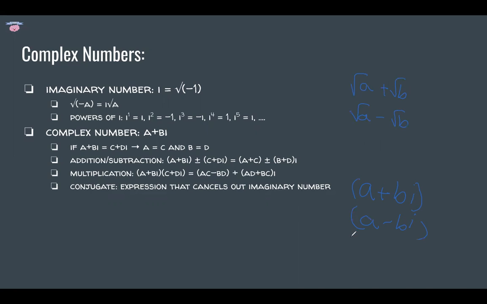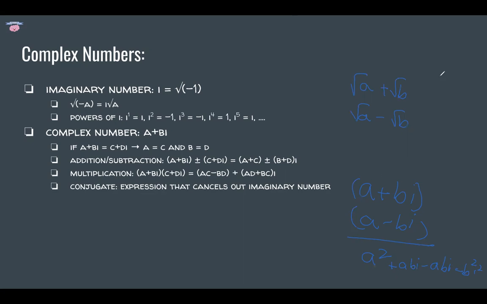When you multiply these out together, you get a squared plus abi, minus abi. And then here you get minus b squared i squared.